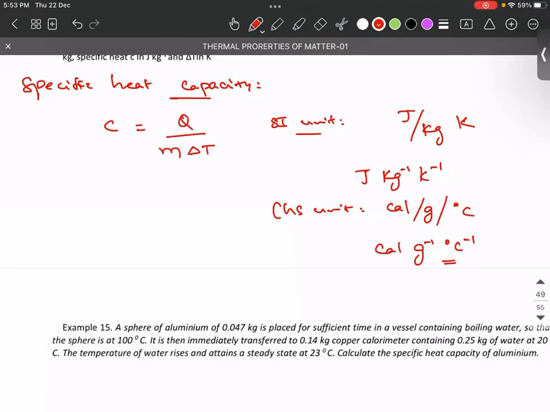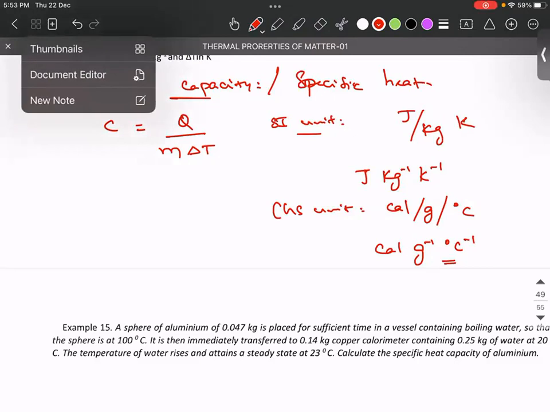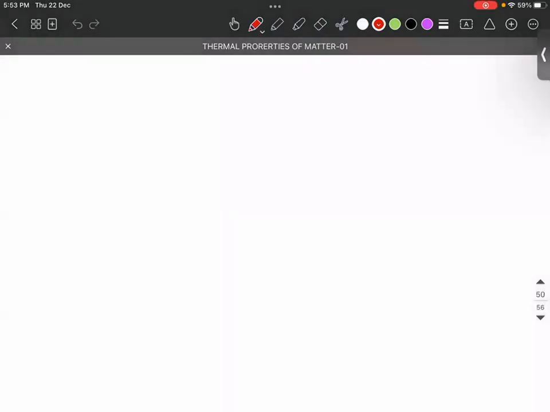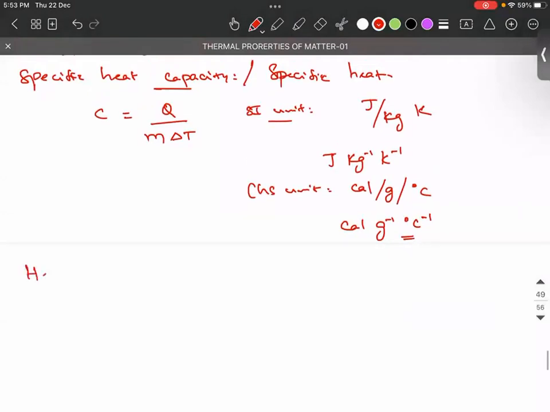So this is specific heat capacity, or it is also called specific heat. Okay. There is another term called heat capacity.